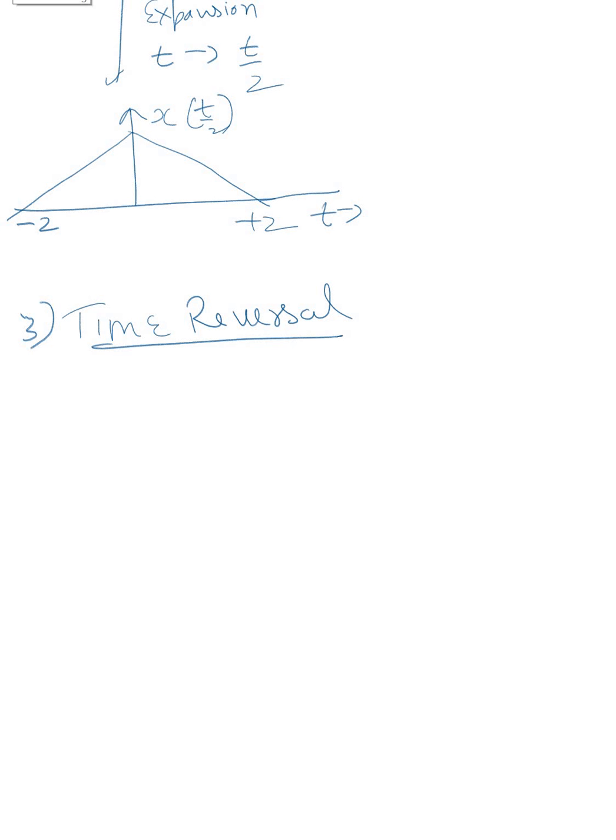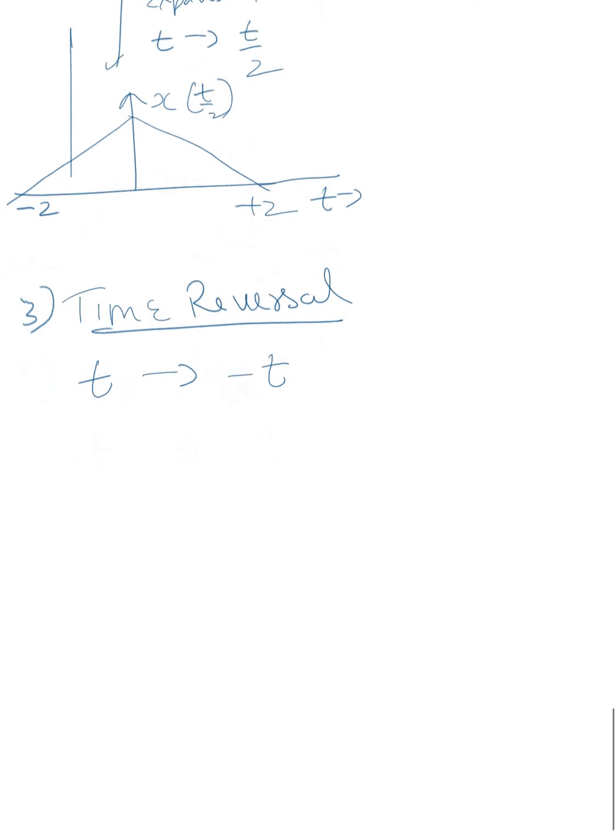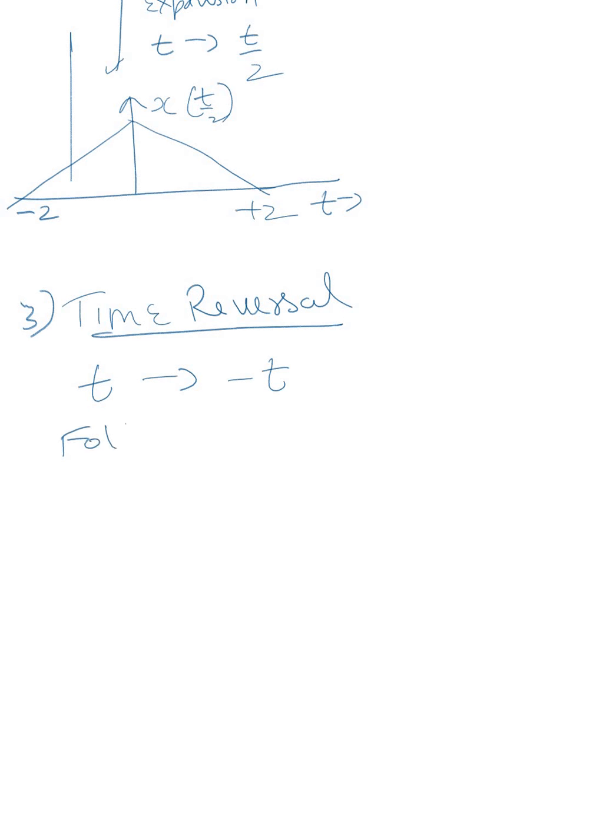The third type of transformation over independent variable is time reversal, in which the independent variable t is replaced by minus of t, and this results in the operation of folding, or you can say reflection or time reversal. We can call it by multiple names, that is folding or reflection or time reversal.